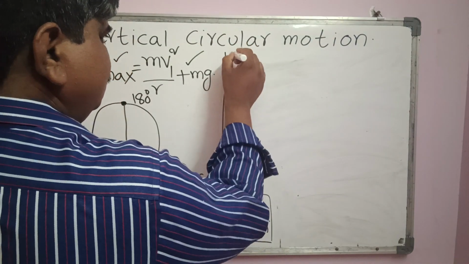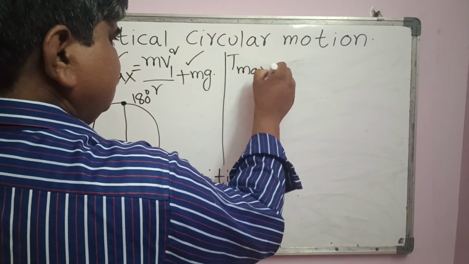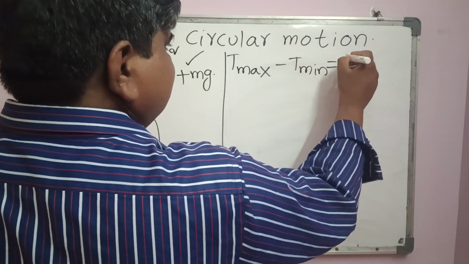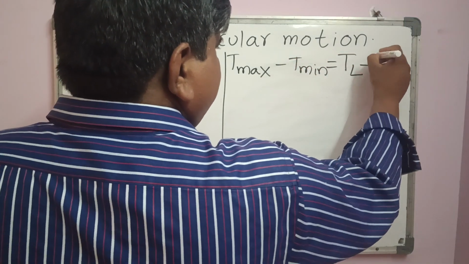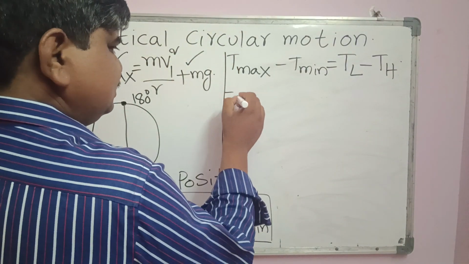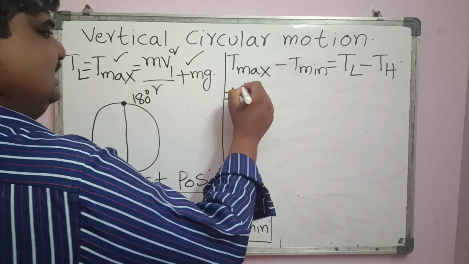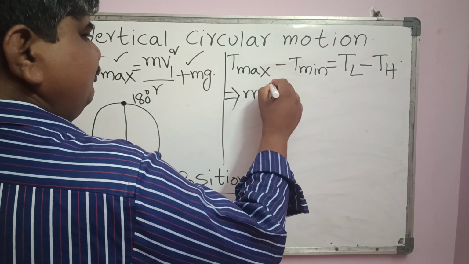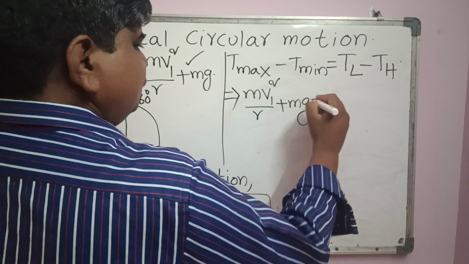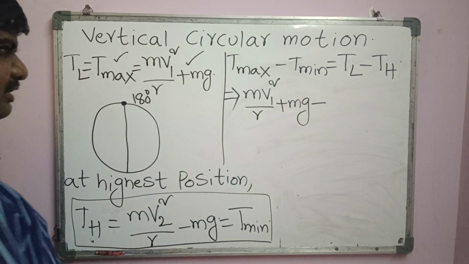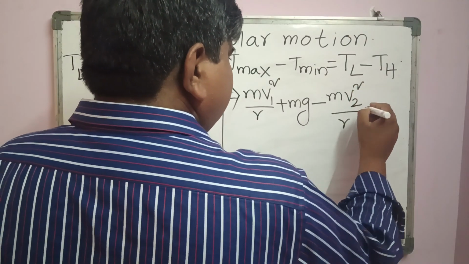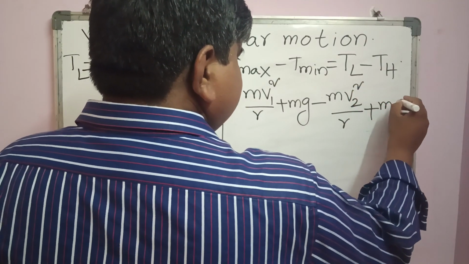So T max minus T min, which is nothing but tension at lowest point minus tension at highest point, equals T max, which is mv1 square by r plus mg, minus T minimum, which is mv2 square by r minus mg.